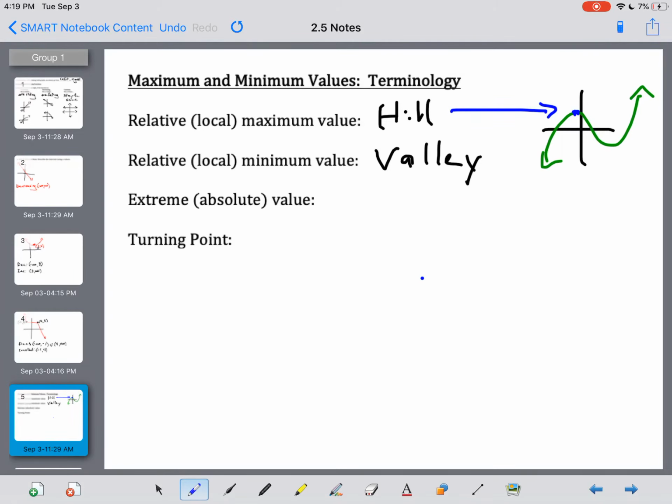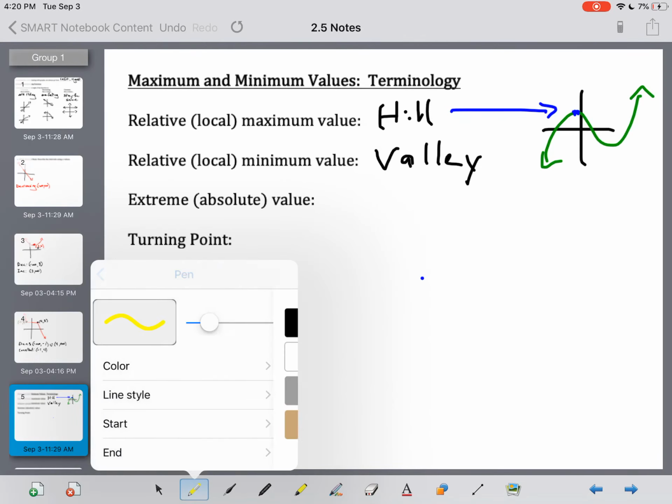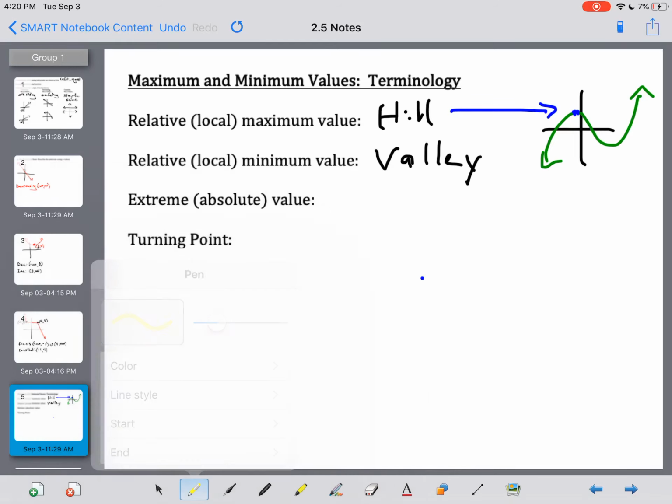A relative min could be something like this point, a valley. And we say they are relative or local because they're not necessarily the highest anywhere on the graph or the lowest anywhere on the graph. They're just the highest or the lowest point in that vicinity.